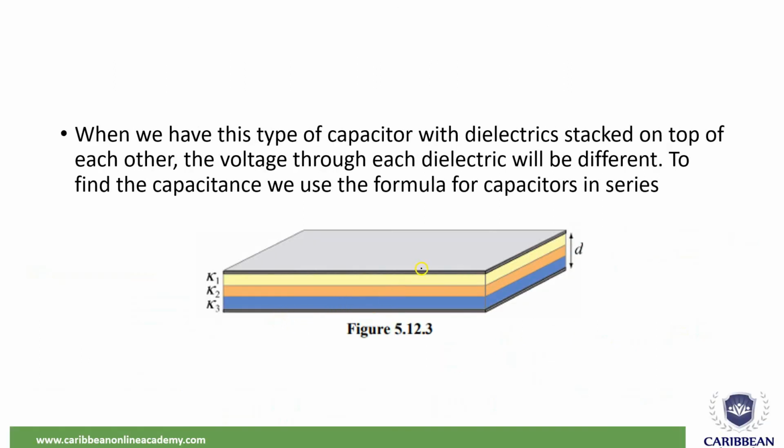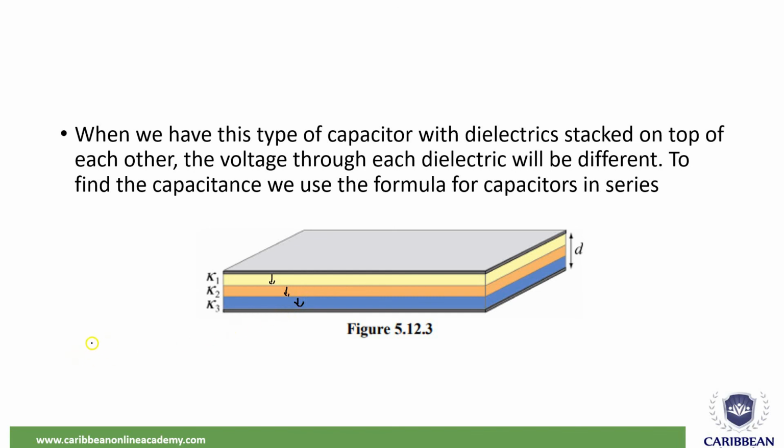Now, there's also another type of arrangement. When we have capacitors where the dielectrics are stacked on top of each other like this, we say that this is capacitors in series.